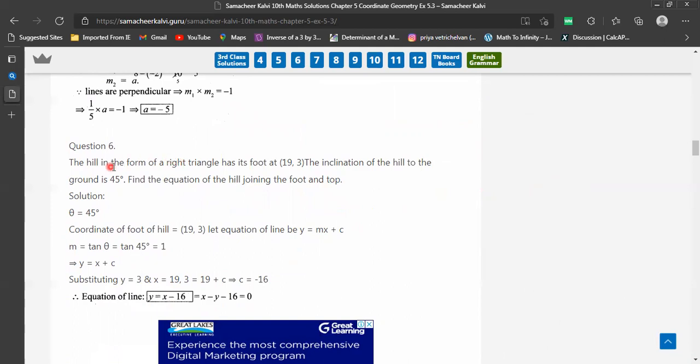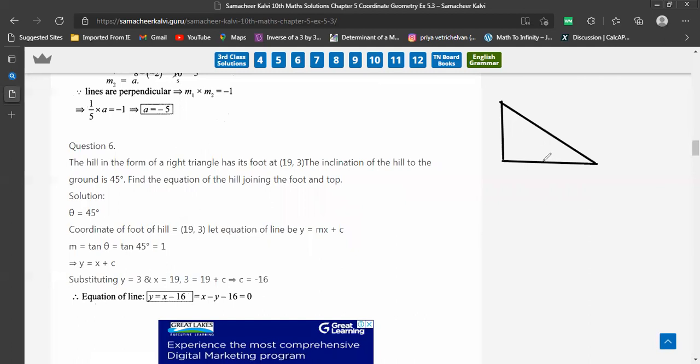Question number 6. The hill in the form of a right triangle has foot at 19,3. The inclination of the hill to the ground is 45 degrees.